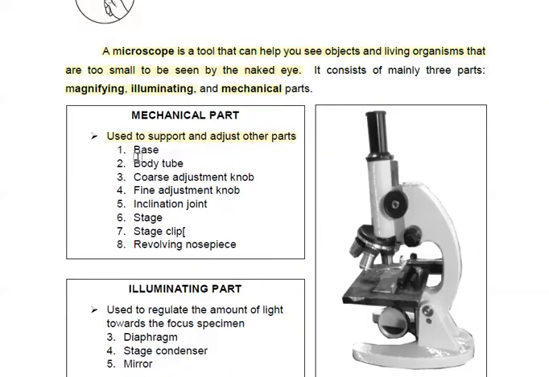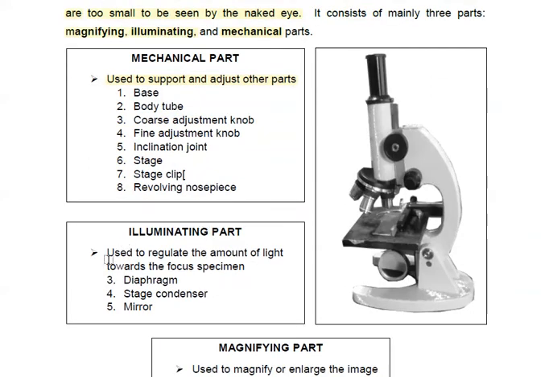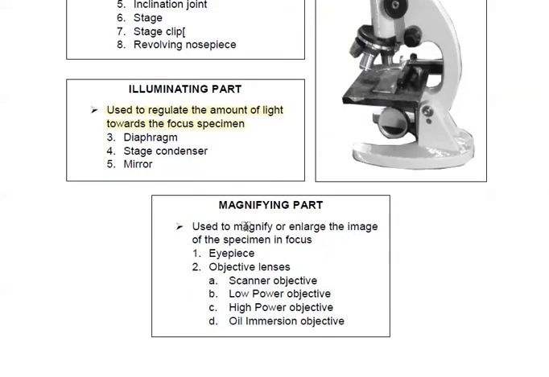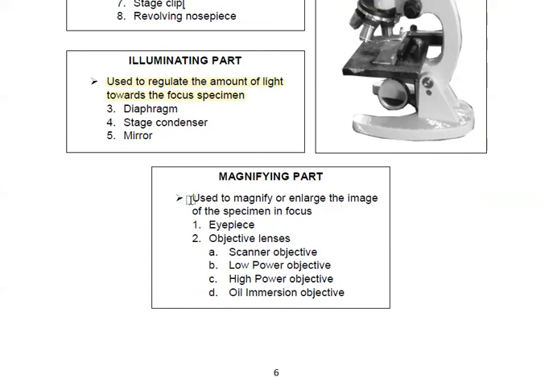And for the illuminating part, these are used to regulate the amount of light towards the focus specimen. What we want to look at under the microscope are called specimens. Okay? Under the magnifying parts or the magnifying function, they are used to enlarge the image of the specimen in focus.